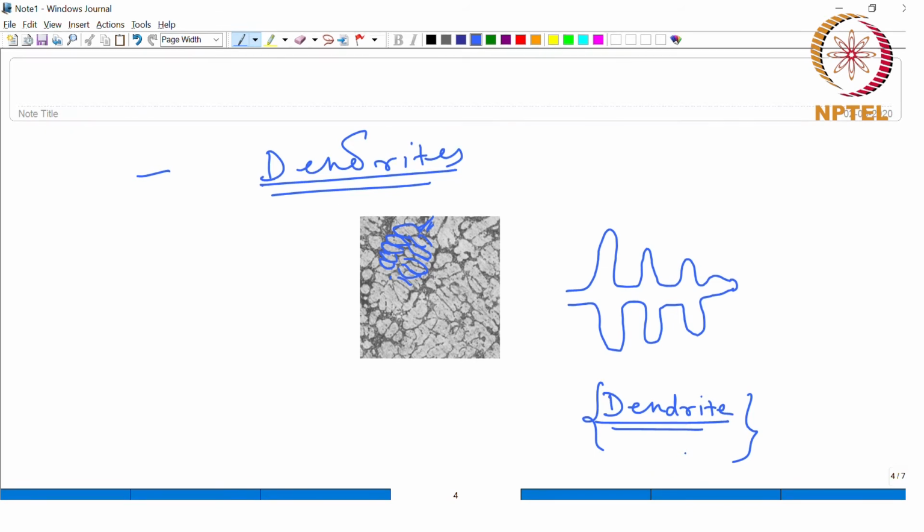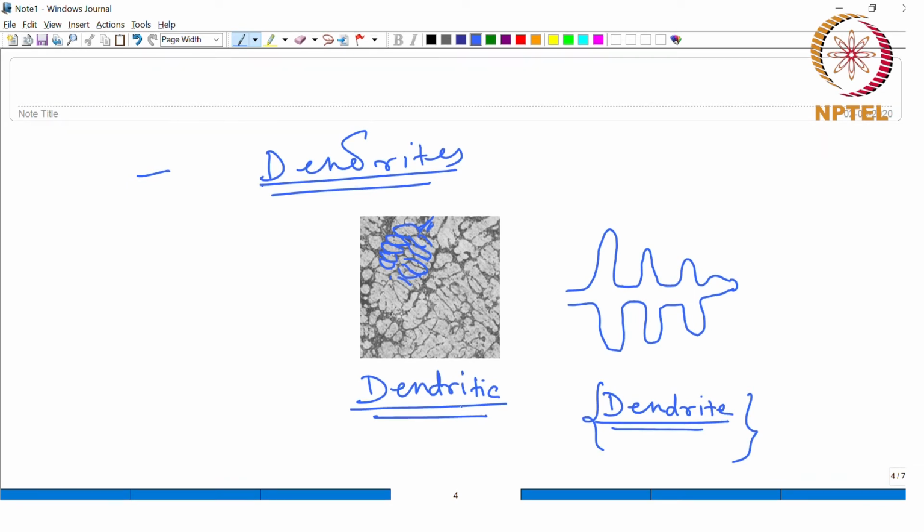Now, there are certain features in this. If you want to describe this microstructure, the dendritic microstructure as we call it, it can be described by certain features that you see in this dendrite.